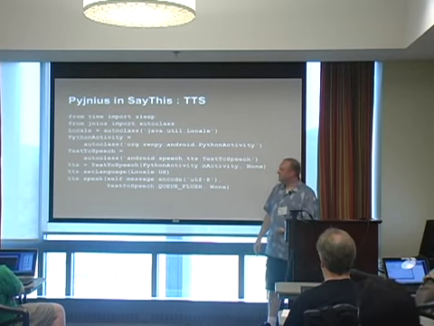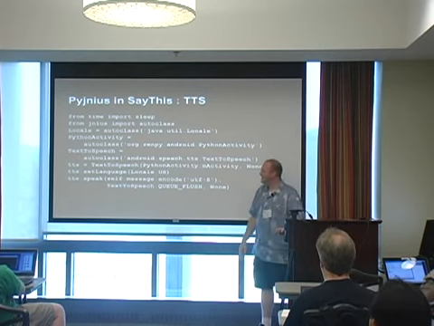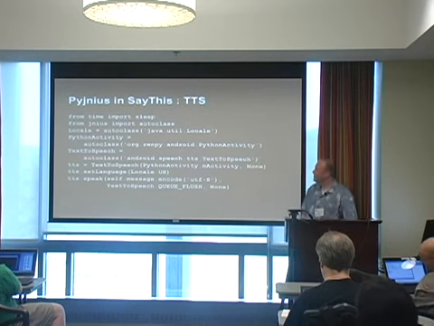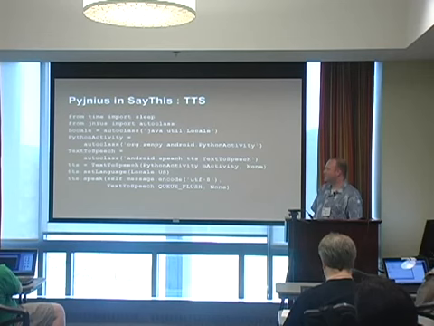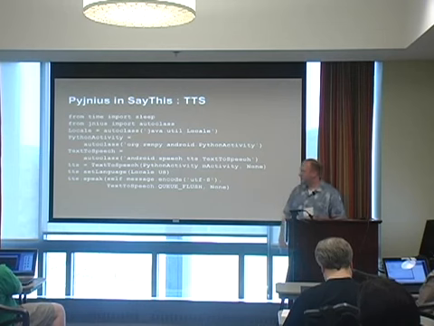Otherwise you get strange errors. Even without the weird characters, sometimes you get the strange errors. And then we flush it. That's how you call the TTS speak. So if you looked at the Android docs again, and asked how do I do a text-to-speech, it's .speak with all this stuff.